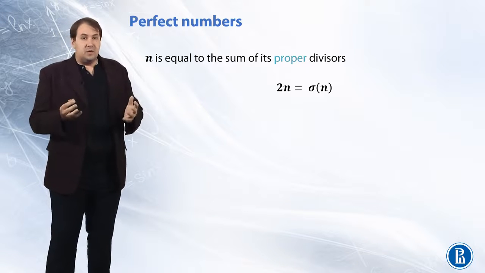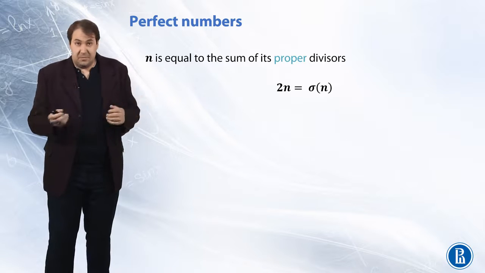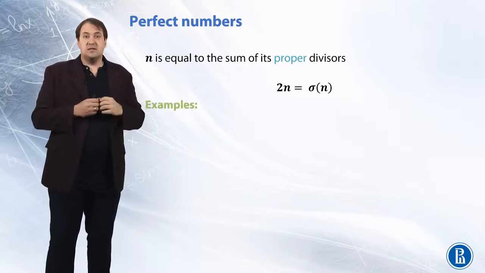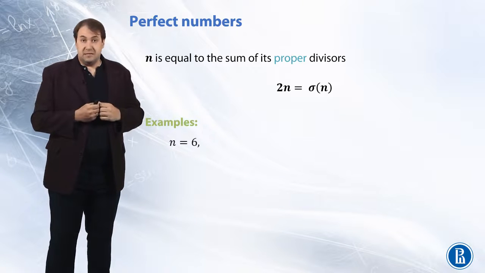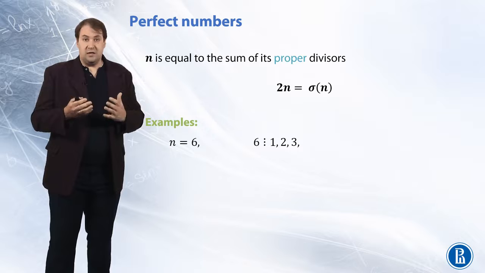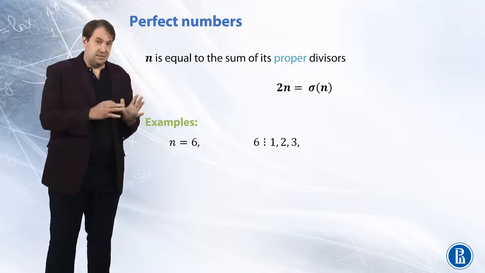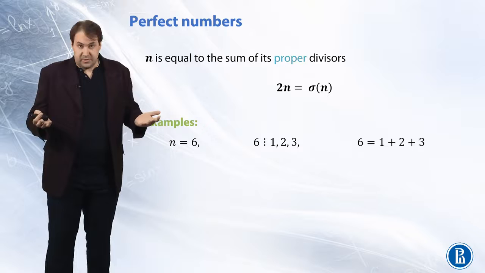What can we say about perfect numbers? Do such numbers exist? Well, let's consider several examples. Say the number 6. It's perfect because 6 has divisors 1, 2, and 3 besides itself, and 6 is equal to 1 plus 2 plus 3.